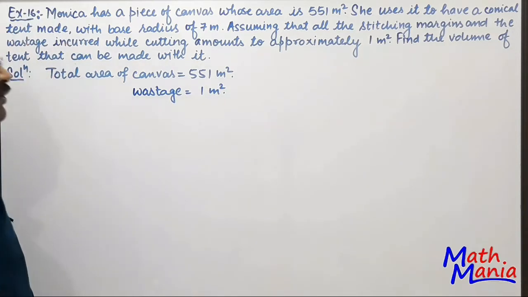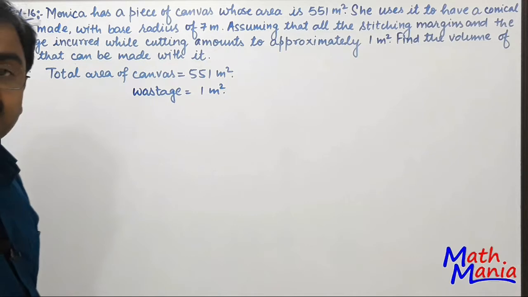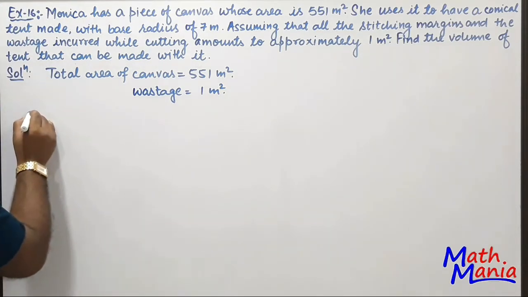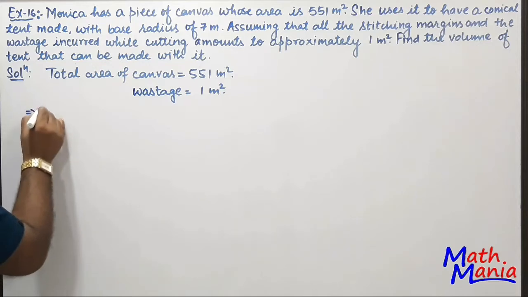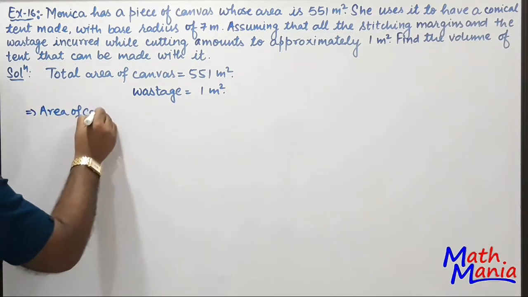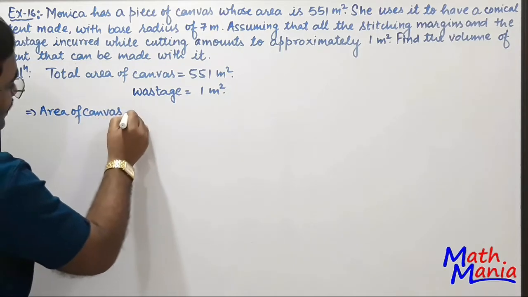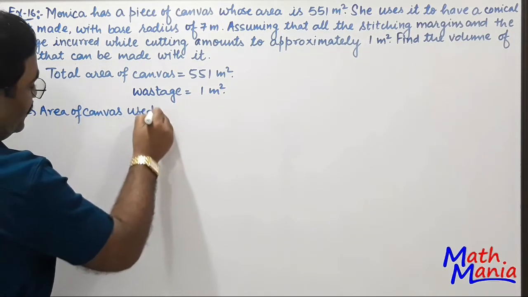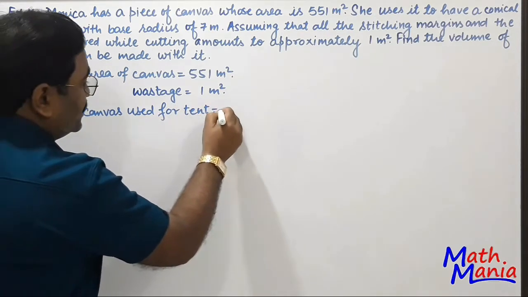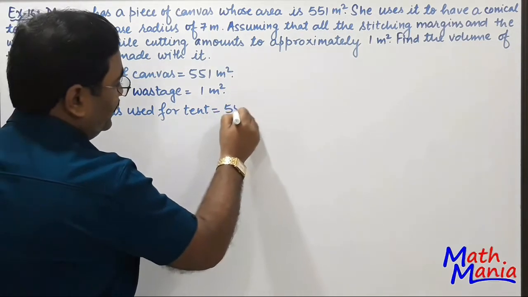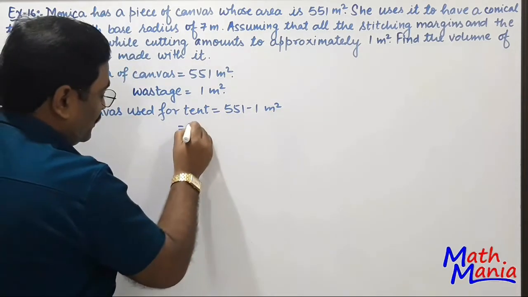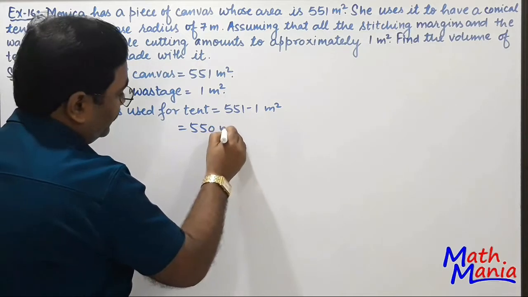So now the area of canvas which is used for making the tent, therefore area of canvas used for the tent is equal to 551 minus 1 meter square, that gives you 550 meter square.